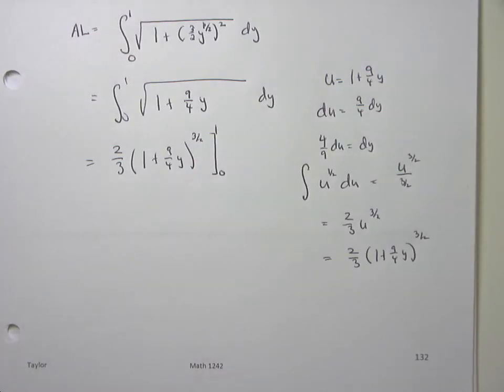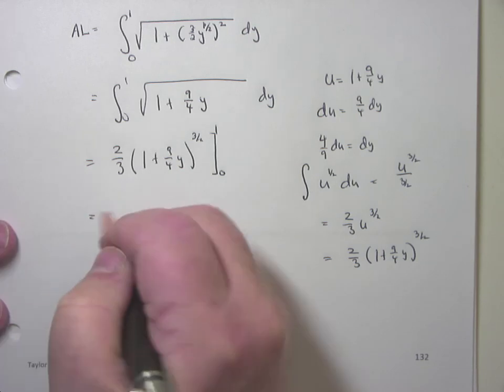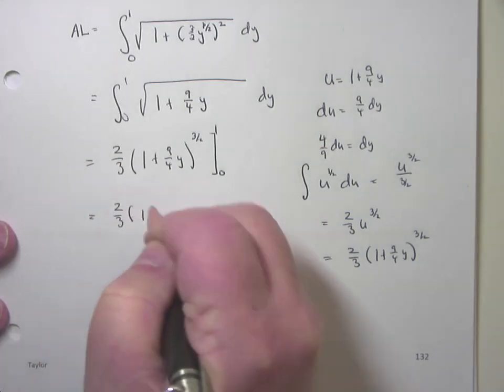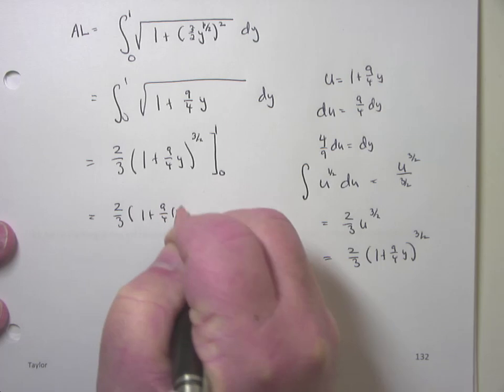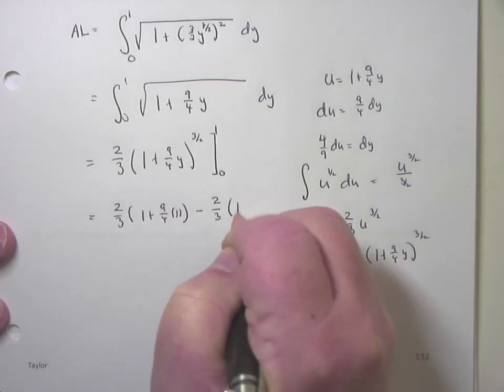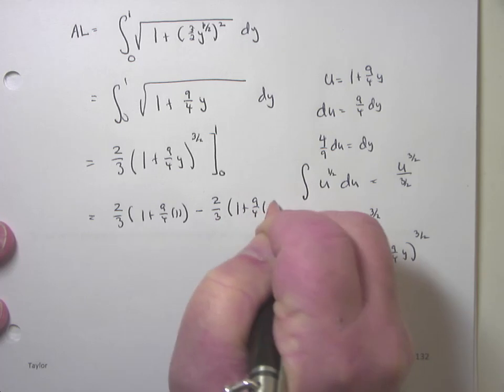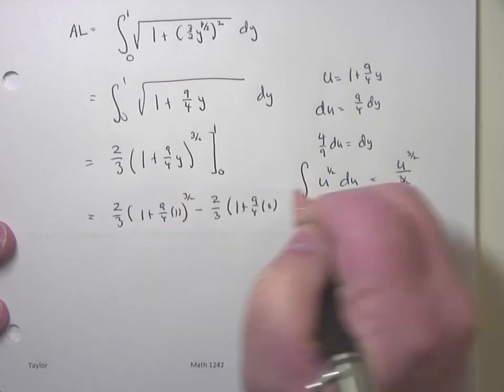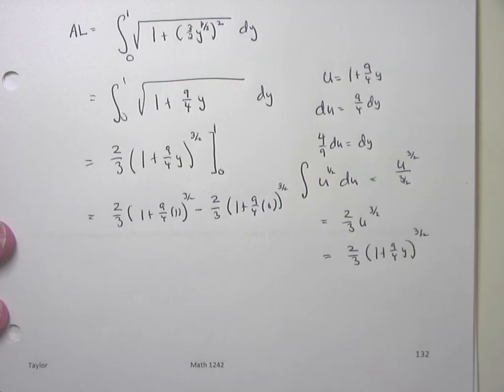According to the fundamental theorem of calculus, we will plug in top number minus plug in bottom number so we can evaluate this definite integral. So plugging in top, that'll be 2/3 times 1 plus 9/4 times 1. Minus plug in bottom, 2/3 times 1 plus 9/4 times 0. Oh, I forgot my little 3/2 power. Raised to the 3/2 power.